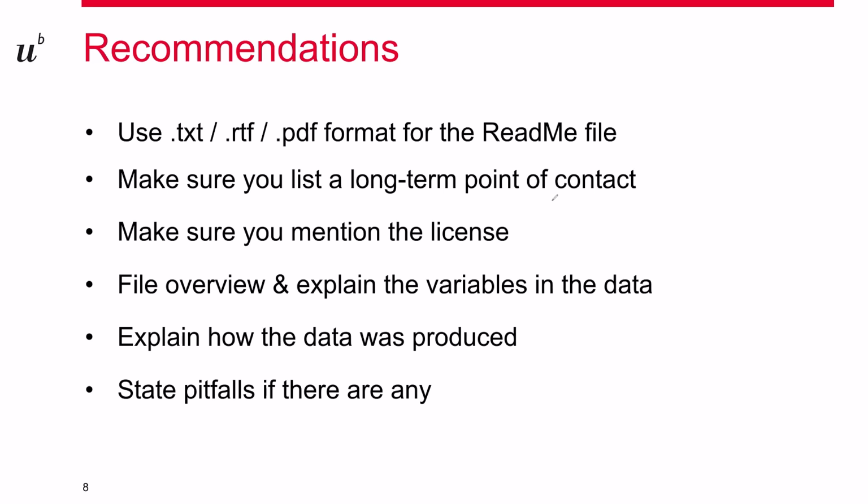Or short-term postdocs that are there for a year and then gone to the US or other parts of the world. In this case, we usually ask people to please write down an email address that will be around at the University of Bern longer. Of course, no one stays forever. But for example, the PI or a technician, an IT person that has a permanent contract, someone like this.